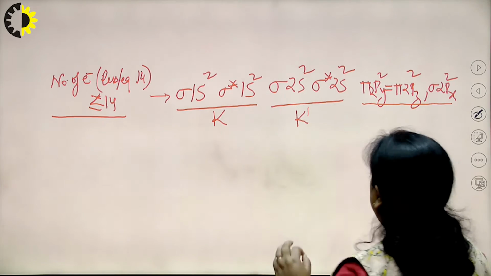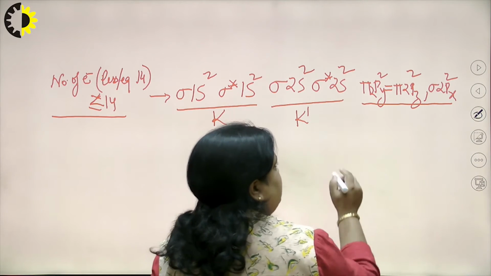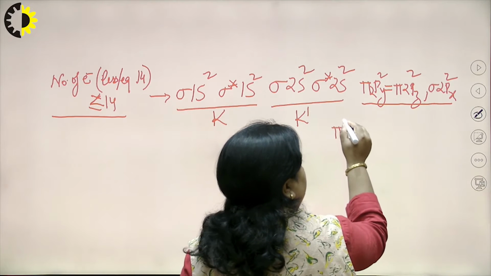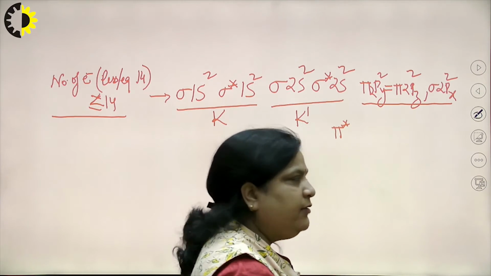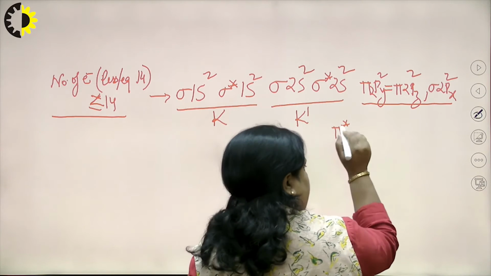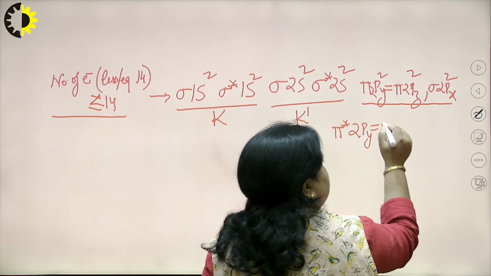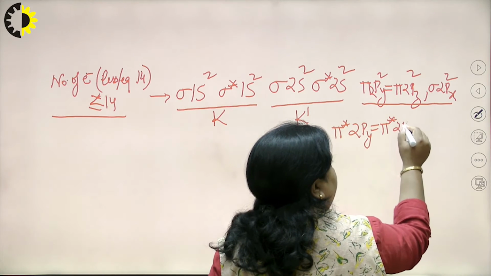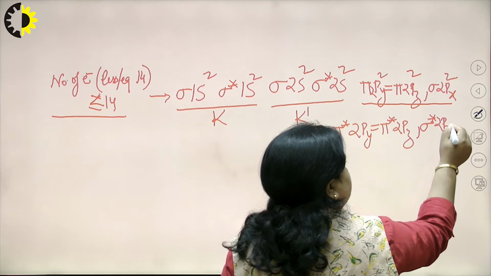So we have to draw the anti-bonding orbitals whether they are empty or filled. In case of anti-bonding, there is no need to change the order. In all cases, whether it is less than or equal to 14 or greater than 14, we always write pi star 2 py and pi star 2 pz and then sigma star 2 px.